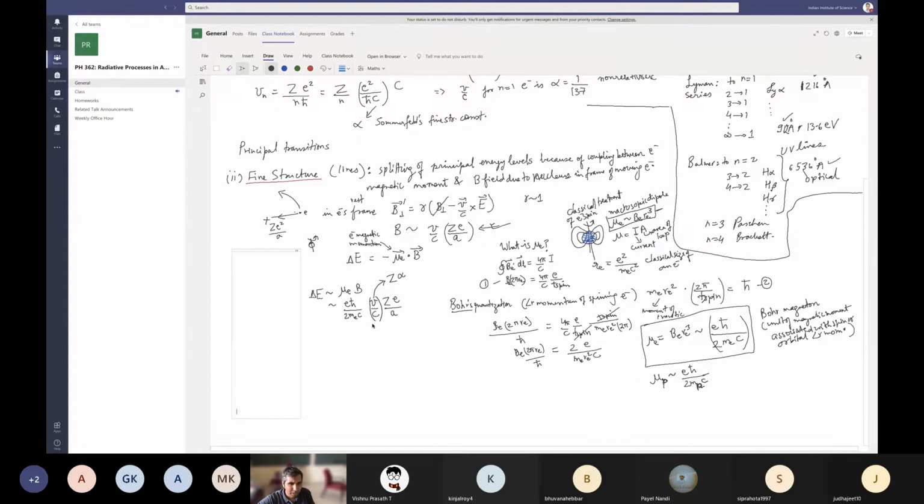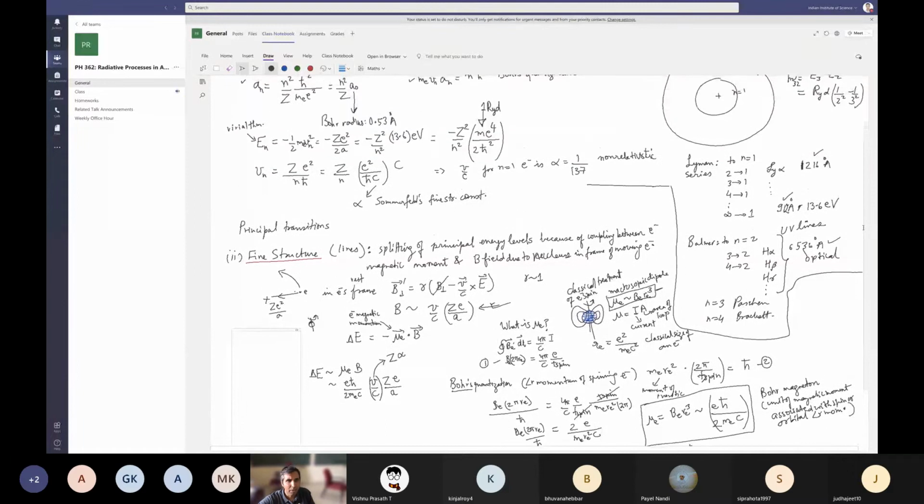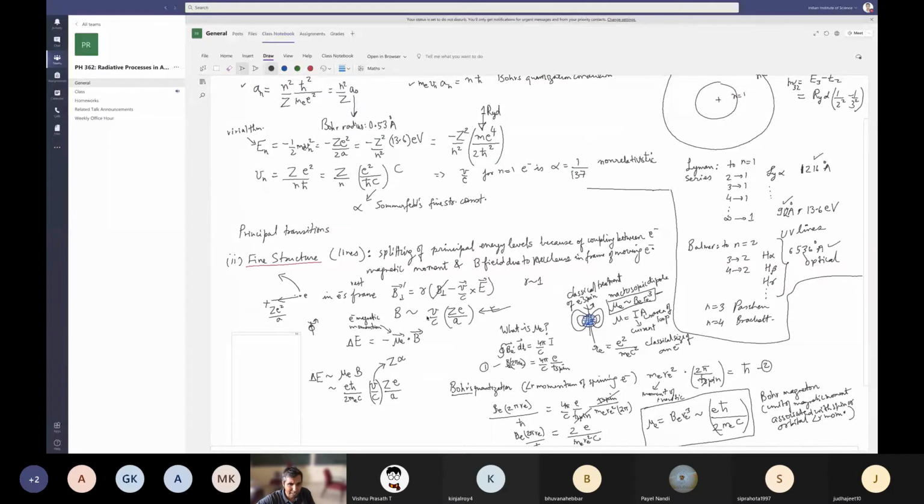And what is a for n equal to 1? Let's go back up a bit. So this a is the radius, which is equal to, I'm putting ħ equals 1, ħ squared by Z m_e e squared.